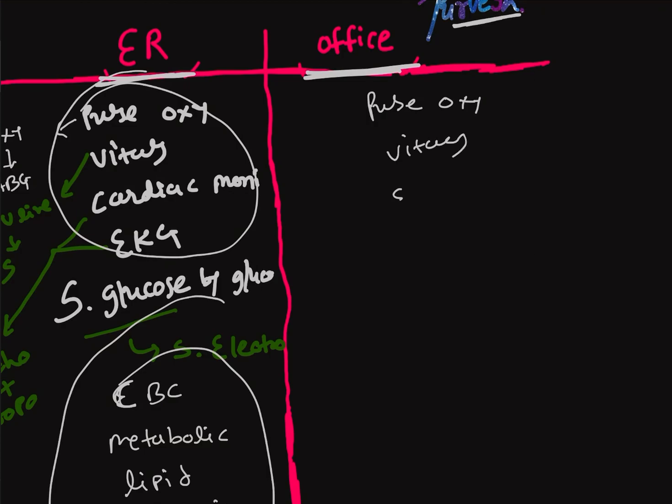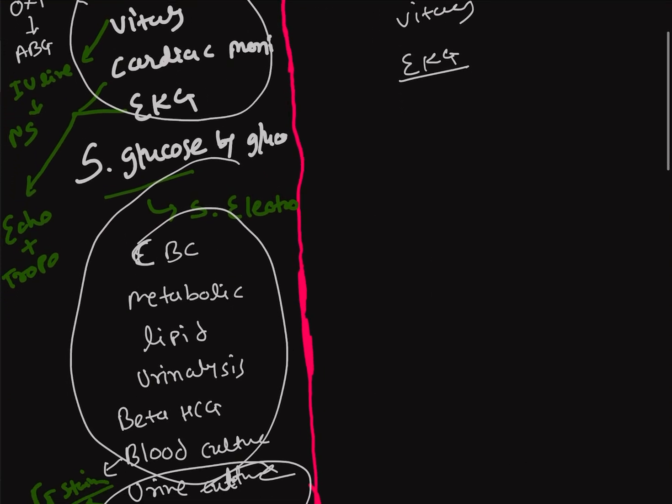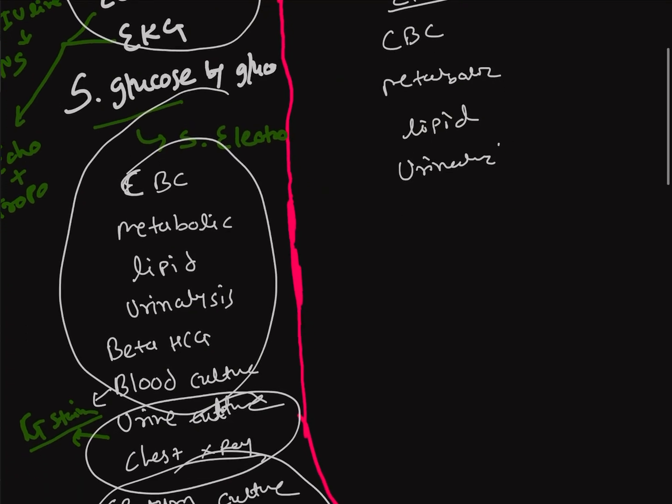If patient has chest pain, then we can do EKG, we do CBC, metabolic panel, we do lipid panel, we do urine analysis, of course we do beta HCG if patient is of reproductive age and not using contraception. This detail will be given in the case.